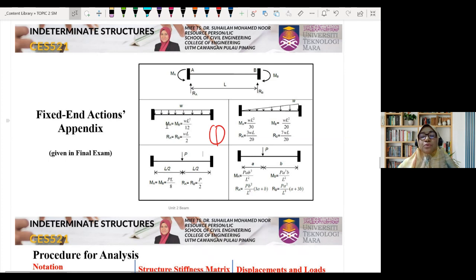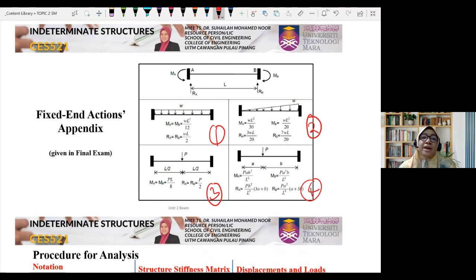So the formula to calculate the fixed end moments MA and MB is WL square over 12, and for the vertical forces it is WL over 2. Number 2 is triangular load. Number 3 is point load at the center of the beam, and number 4 is point load not at the center. So these are the formulas to use.